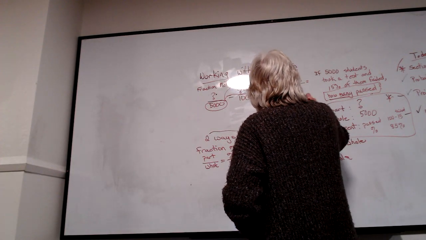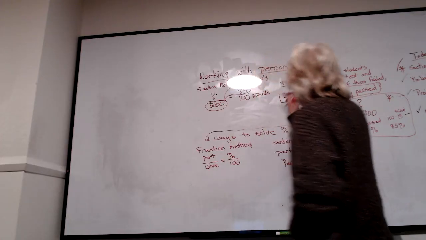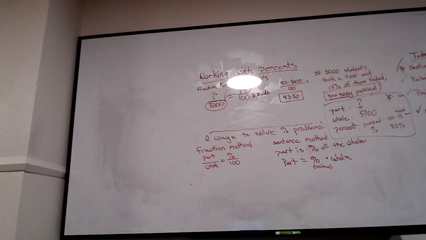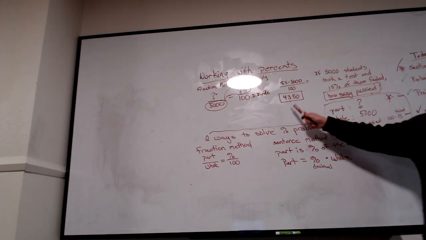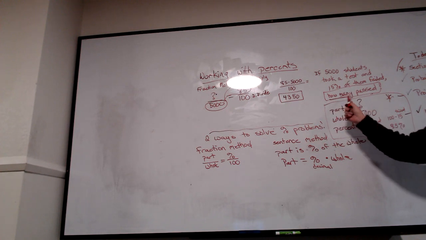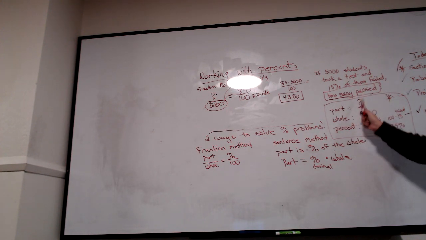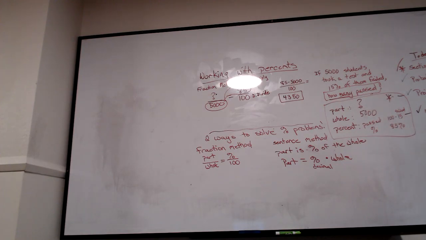That sounds about right. We multiply these two, get the answer, divide by 100, you have your answer. So what that's saying is 4,350 of the students passed, because that's what we're looking for, the part that passed. So that's putting it up that way.